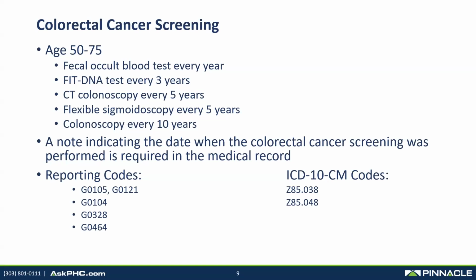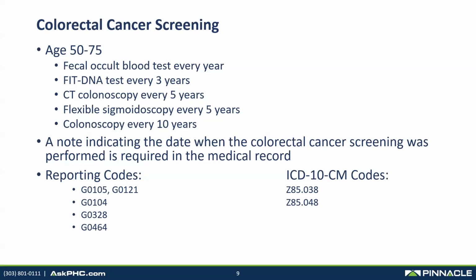A CT colonoscopy for a normal, healthy patient that does not have risk or a history of polyps is performed every 5 years. Same criteria for flexible sigmoidoscopy, every 5 years. And then a colonoscopy should be performed every 10 years between 50 and 75. A note indicating the date when the colorectal cancer screening was performed is required to be in the medical record. And you have your reporting codes.